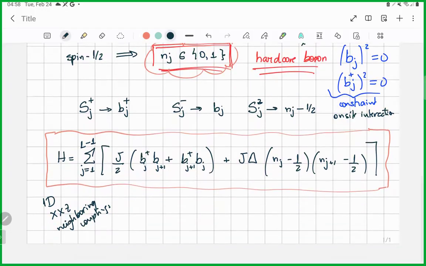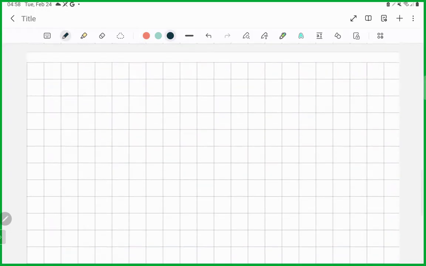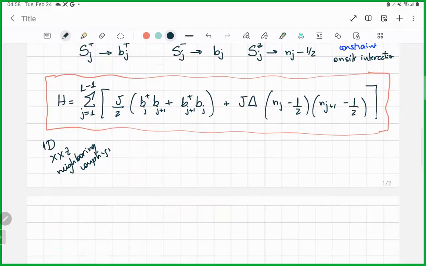We don't see that in the special scenario of one dimension, because the rule is always use the Jordan-Wigner transformation. Go back to spinless fermions. And then check the terms that you have in your Hamiltonian.